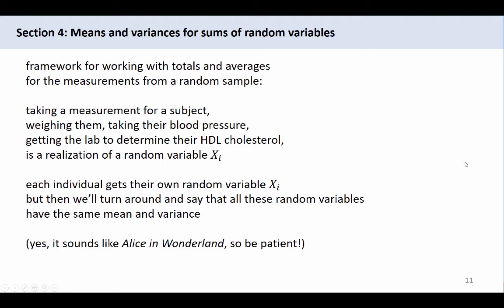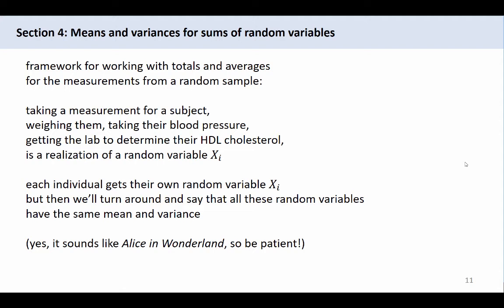Section 4 is going to talk about means and variances for sums, not just little sums of x plus y, but whole bunches of them. And we're going to have a framework for working with totals and averages for measurements from a simple random sample. So we're going to take a measurement for a subject, whether that's weighing them, taking their blood pressure, or getting a lab to determine their HDL cholesterol.